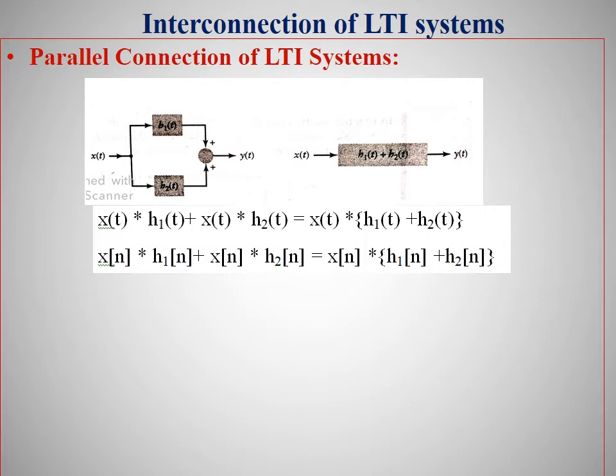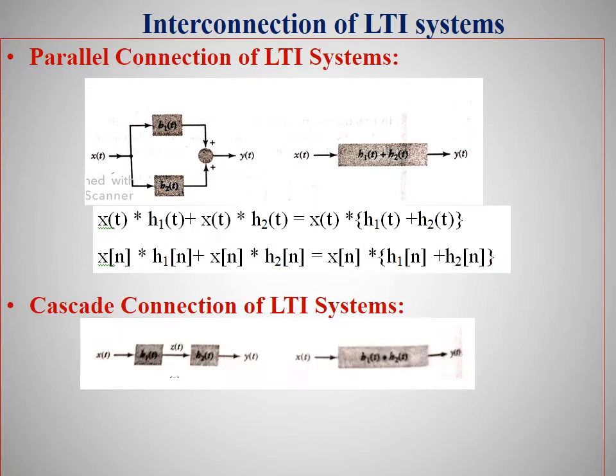The same could be extended for the discrete time case as x of n convolved with h1 of n plus x of n convolved with h2 of n is equal to x of n convolved with h1 of n plus h2 of n.